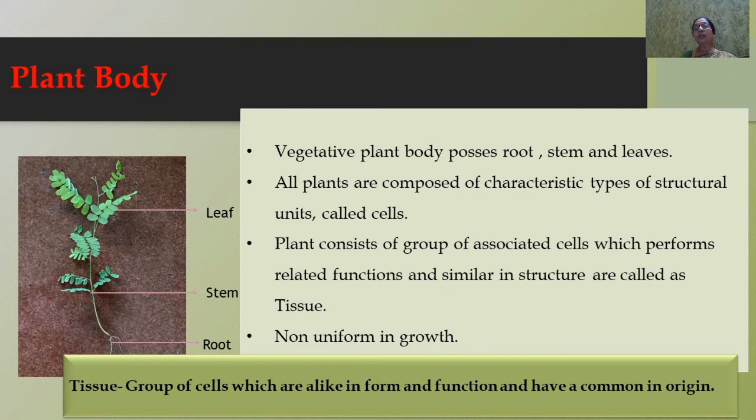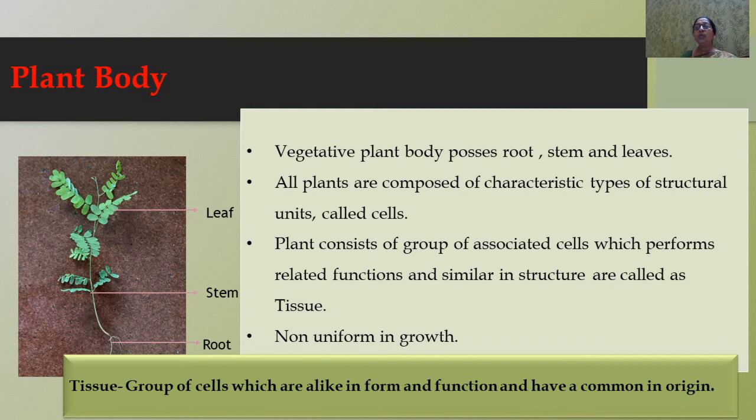Each organ is made up of different types of tissues, and tissues are made up of cells. A plant consists of groups of associated cells which perform related functions and are similar in structure. They are called tissues.